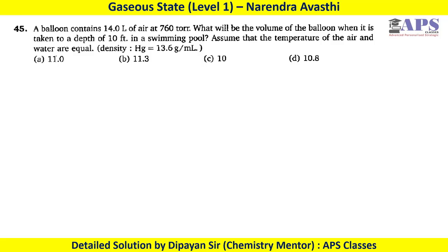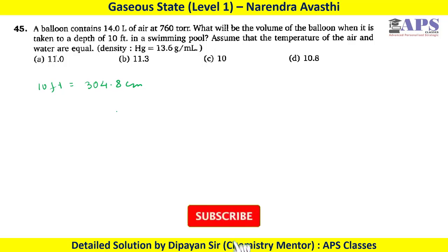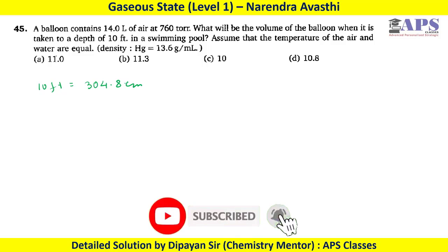In this case we have to use 10 feet, which is basically 304.8 centimeter. So the height of the water column is 304.8 centimeter.